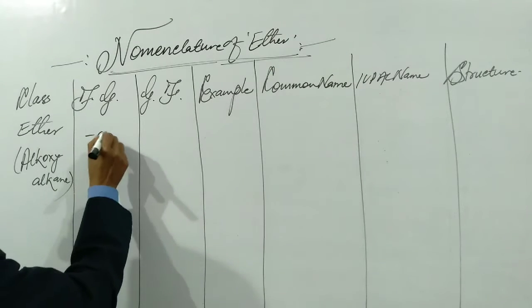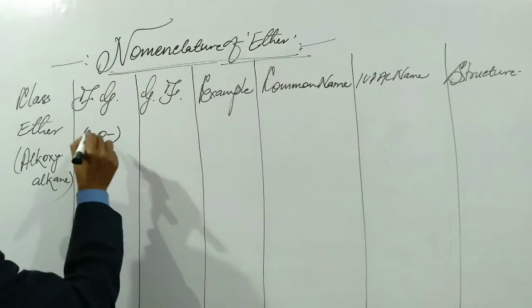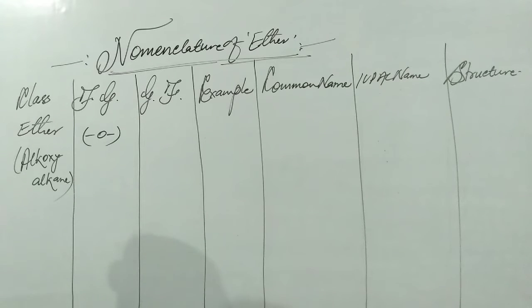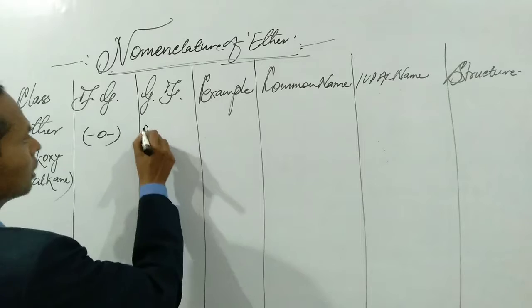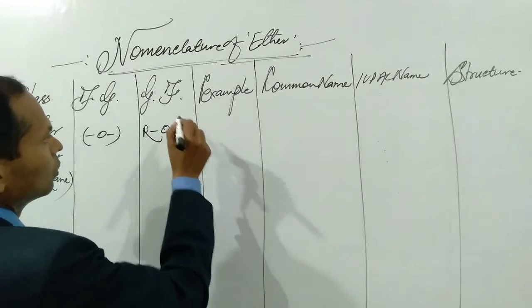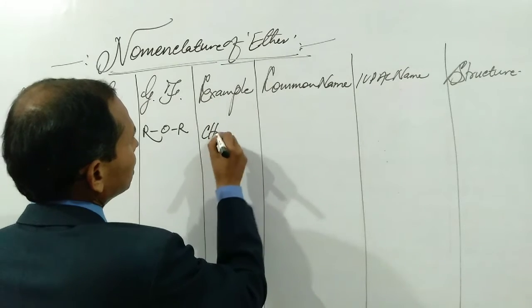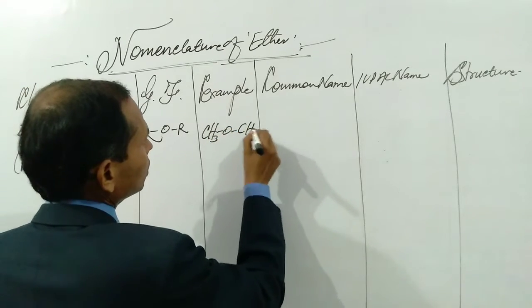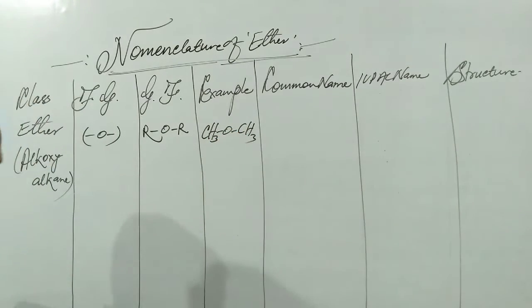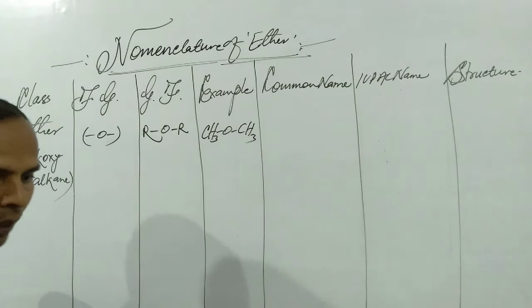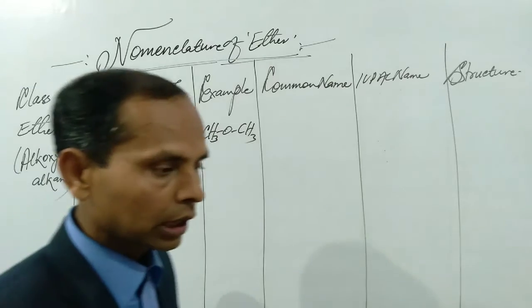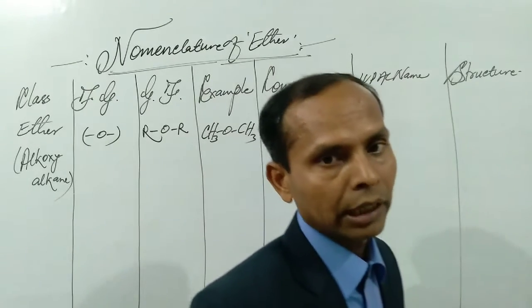The functional group of ether is a bond, O bond, and on either side of it an alkyl group will be added. So the general formula will be ROR. Example will be CH3OCH3. We can take alkyl group as methyl, ethyl, propyl, butyl. Both the groups can be the same as well as different.